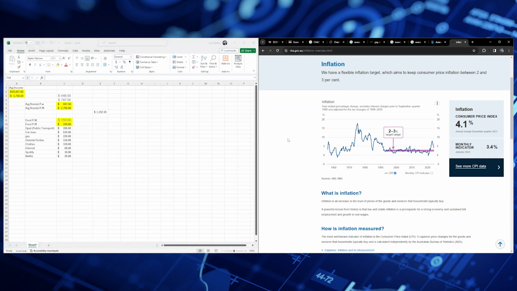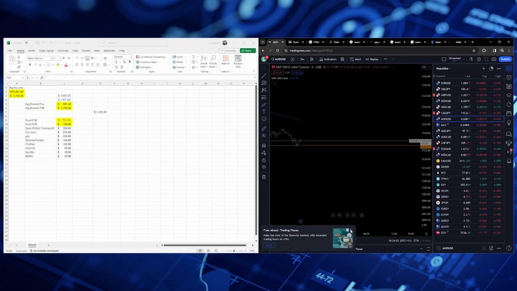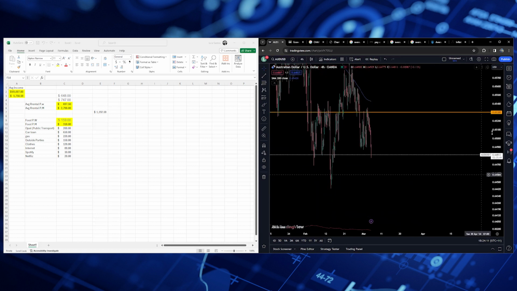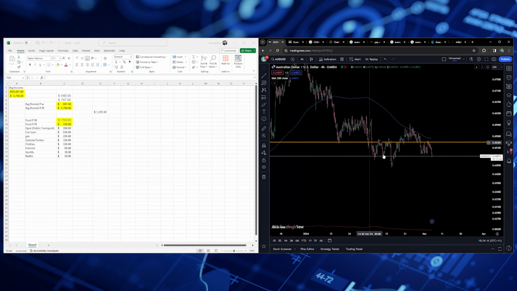So I think that all of the hiking rates still have to be absorbed into the economy. It has been fully priced into the currency already, I guess, because when we look at the Australian dollar right now, I remember I told you guys the short position on the Australian dollar. It went up, now it's coming down again.